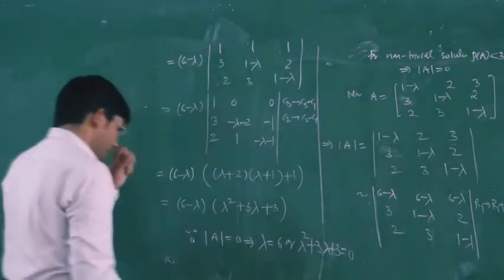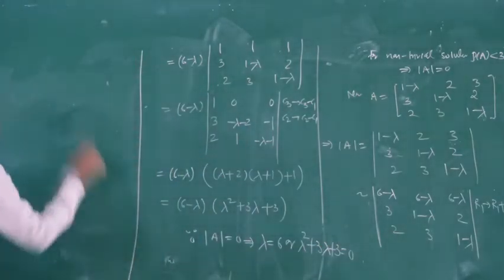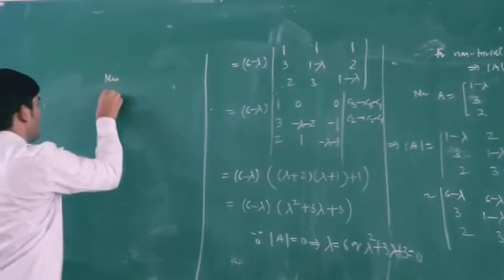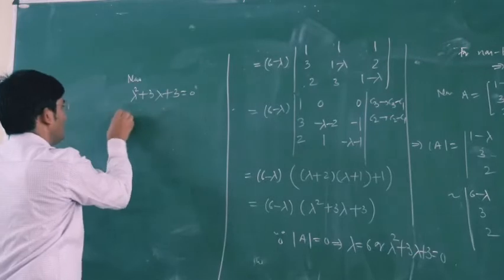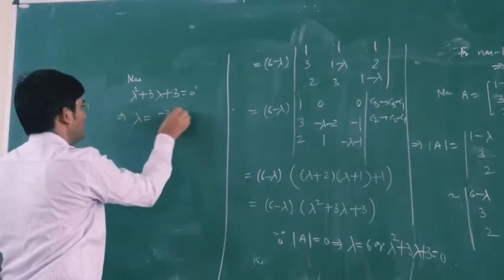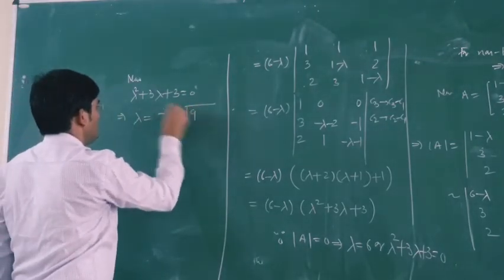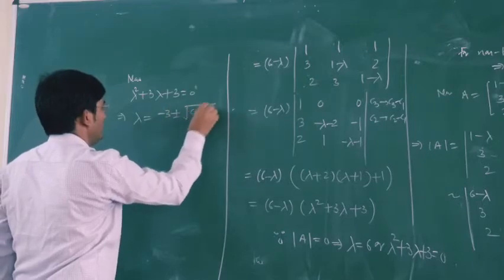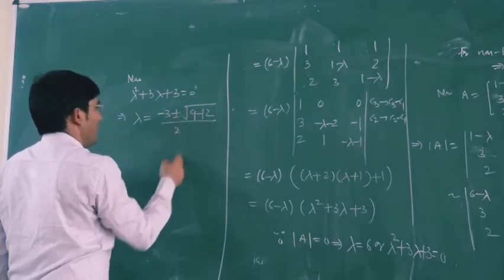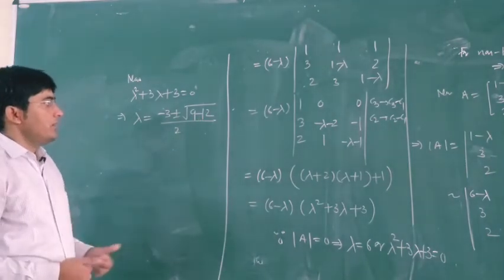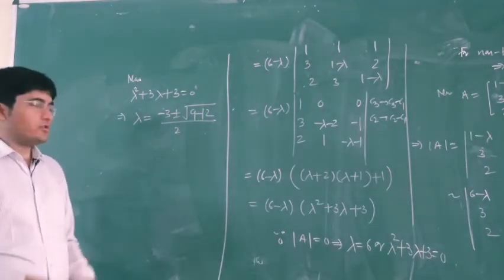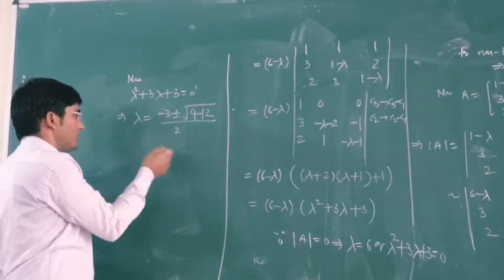Now lambda square plus 3 lambda plus 3 equal to 0 implies lambda equal to minus b plus minus square root of b square minus 4ac divided by 2a, and you clearly see that here we have a minus sign, so we will have an imaginary part. So your lambda is not real.